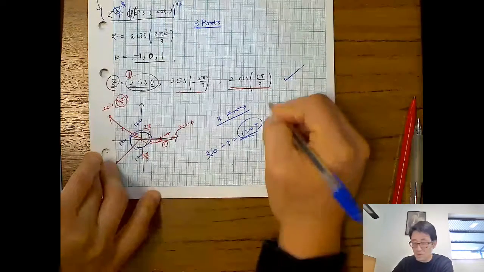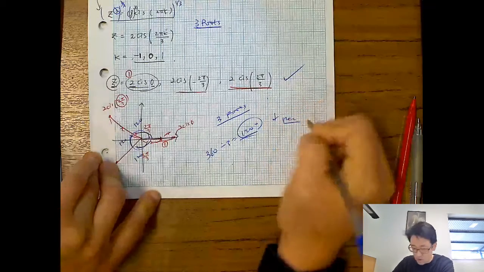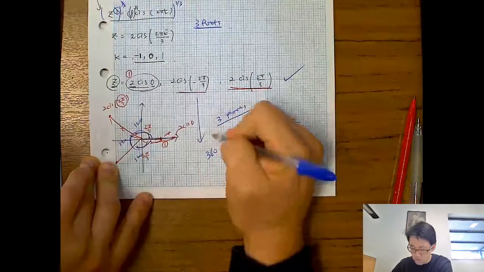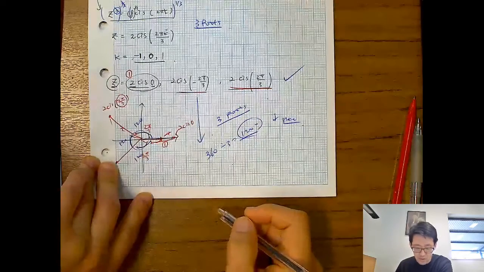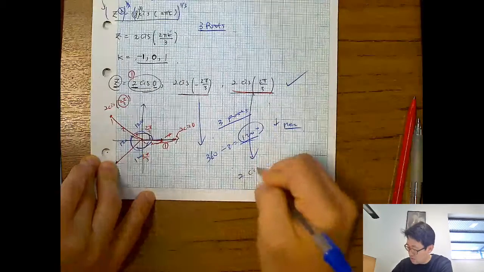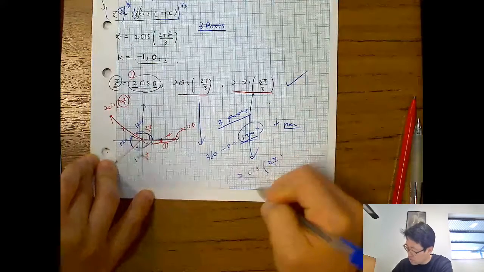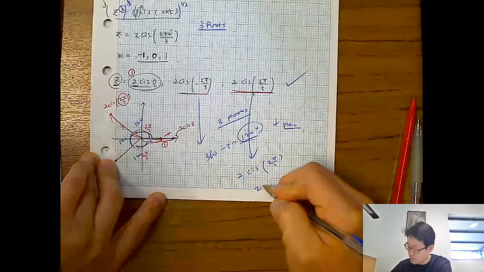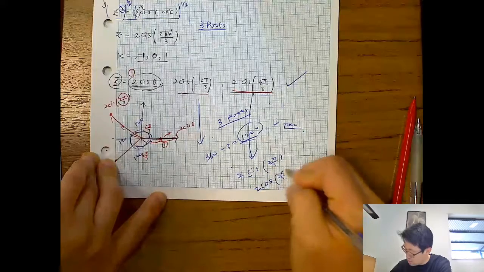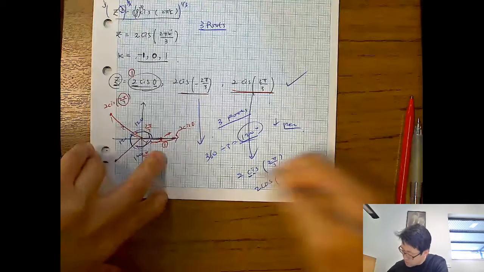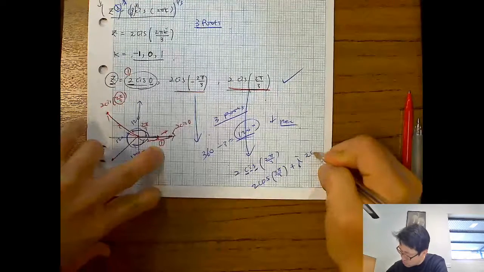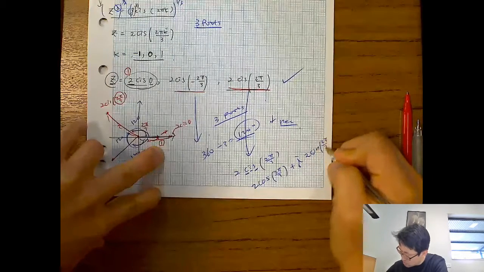Some questions ask you to change it to rectangular form. Okay. Then you need to go and get the rectangular form. You know how to convert it, isn't it? Yeah. So I'll just show you one thing. Let's do that. 2 cis 2 pi over 3, which is 2. Cis means cosine 2 pi over 3 plus i sine 2 pi over 3.